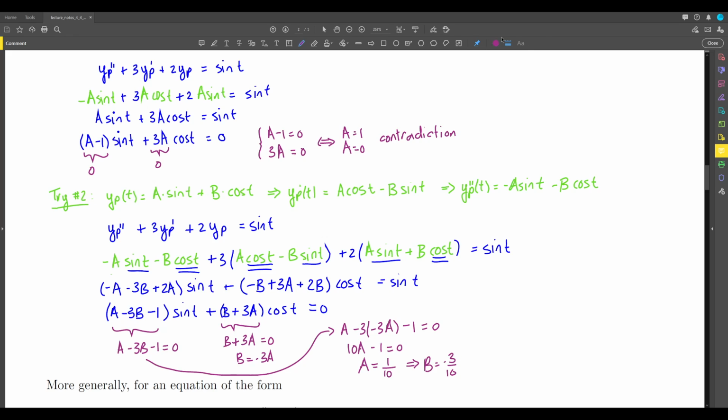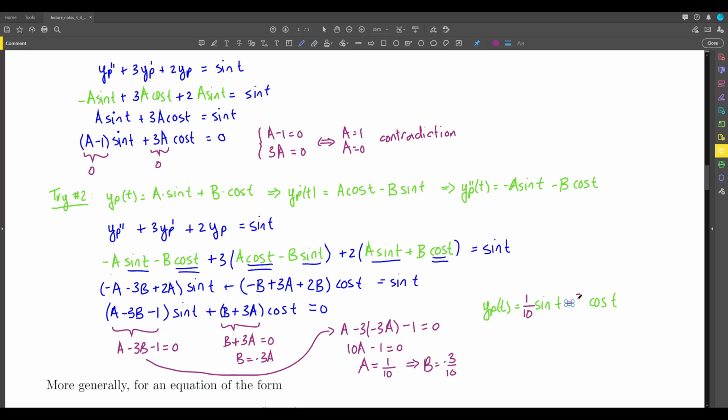And so our final particular solution that works is yp of t equals sine t plus cosine t with coefficients 1 over 10, and then plus negative 3 over 10, I can change that into just a minus.